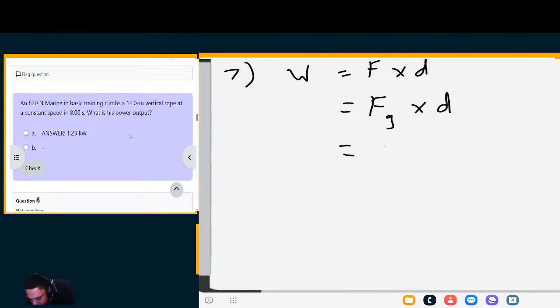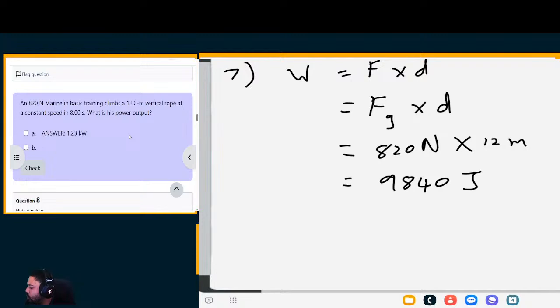So the force of gravity on him is 820 newtons, which is his weight, multiplied by the distance he climbs up a 12-meter vertical rope. 12 meters he climbs up. That gives you the work of 9,840 joules. This is the amount of work he does.